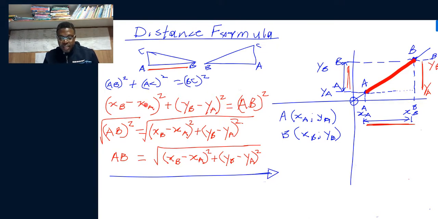You can substitute the numbers that you were given here, and square them, and then subtract a number from a variable, or a variable from a number, and you square it. After that, you group the like terms together, the numbers. You are going to have a variable squared equal to numbers on the right hand side. You put a square root, you find the variable of that number. If you don't understand what I'm saying, rewind or send a question to me. I'm going to answer you. I'll be happy to do so.